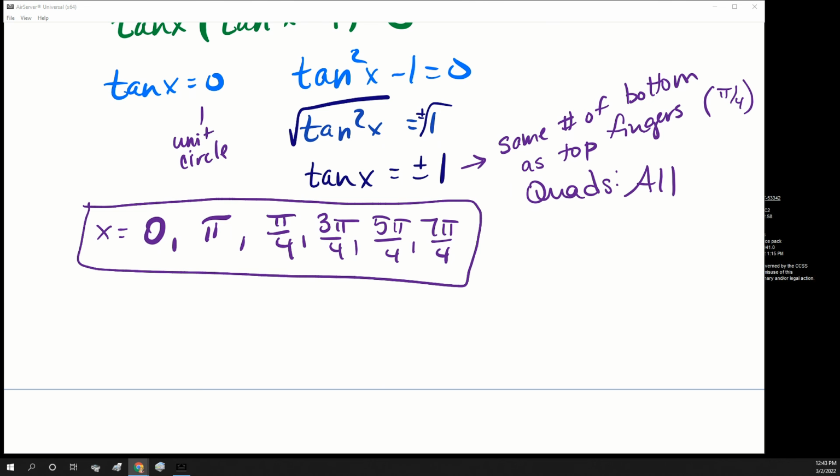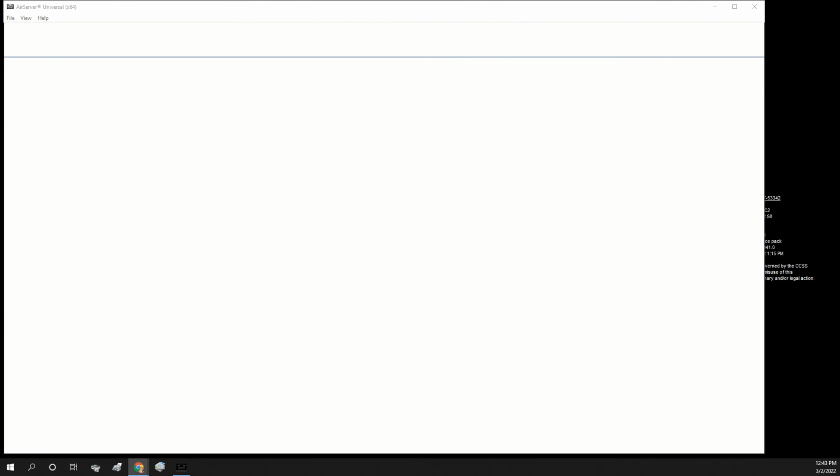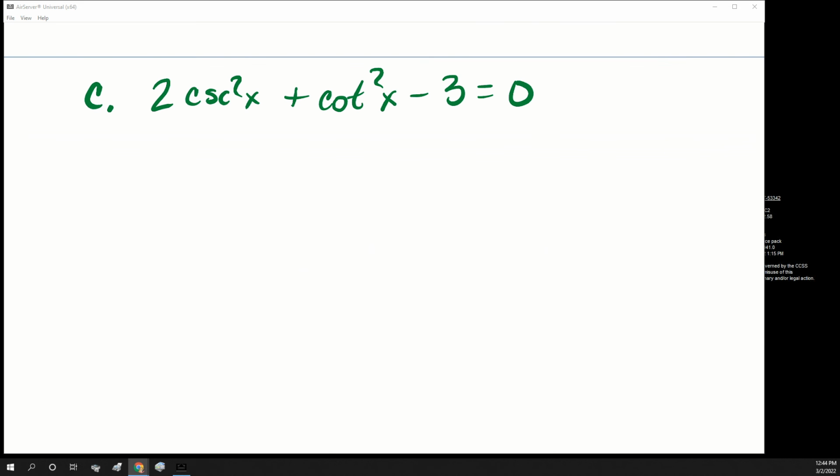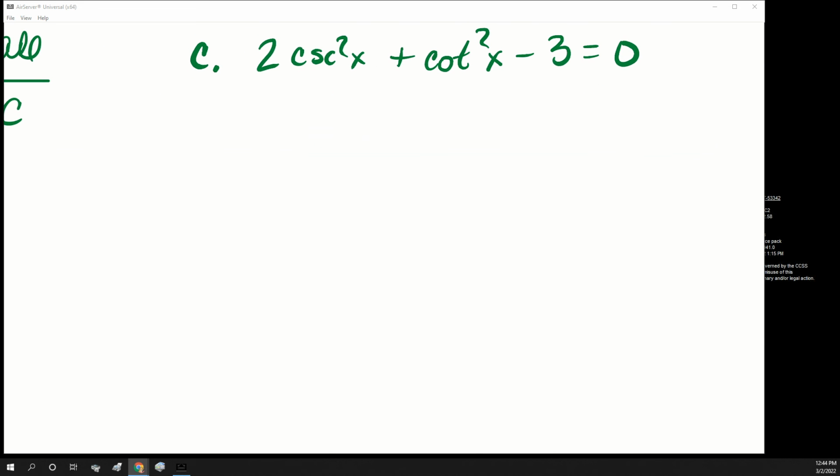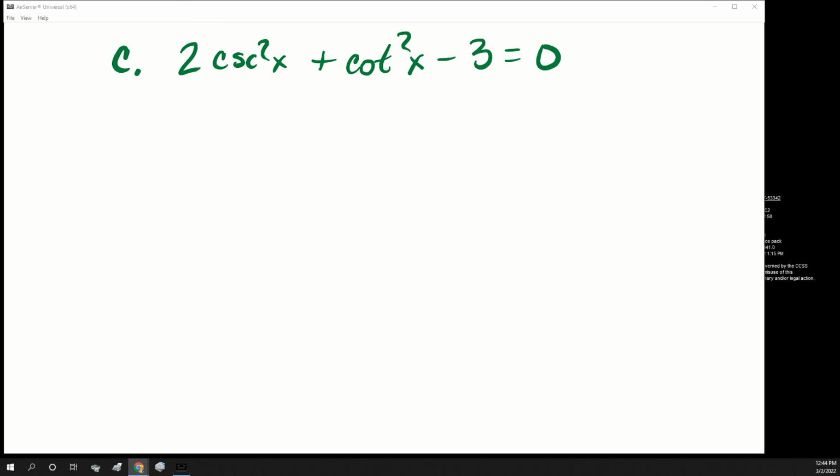Okay. So next one is kind of a big step up. We are going to have to use an identity on C. So for C, we have 2 cosecant squared of x plus cotangent squared of x minus 3 equals 0. All right.